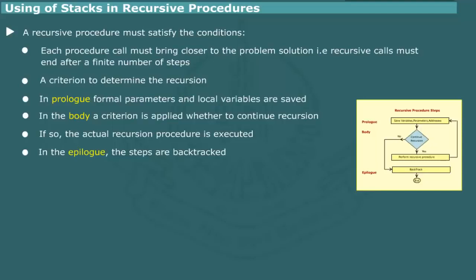In the body step, a base criterion is used to determine whether or not the recursion should terminate. If not, the prologue step is invoked again. In the epilogue step, saved parameters, local variables, and addresses are popped off the stack and used to perform the intermediate computations.